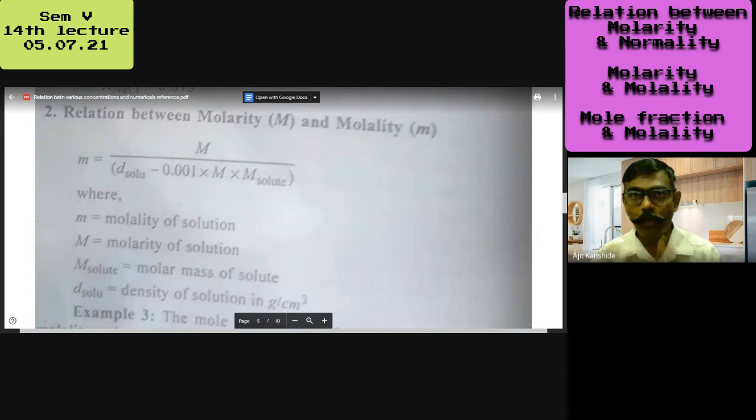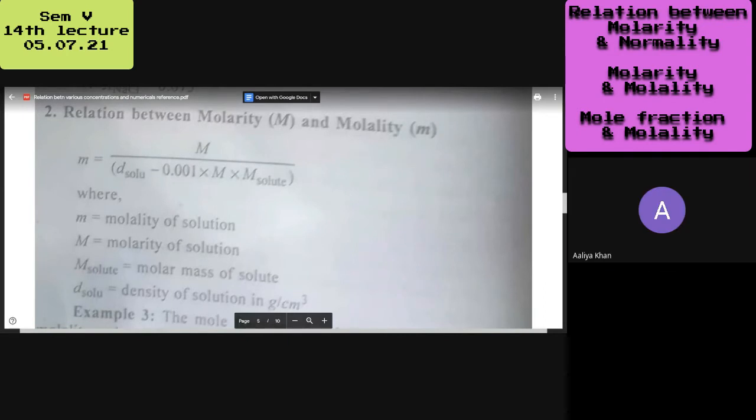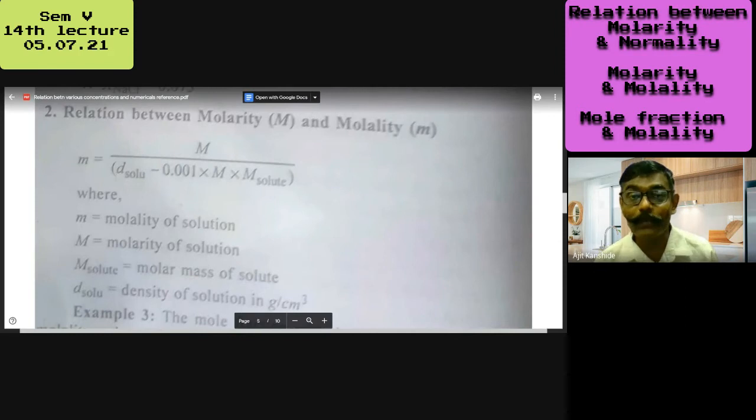To convert that per dm cube to per cm cube, what shall I do? Divide by 1000. Divide by 1000 means multiply by 0.001. Therefore, by that number 0.001, what are we achieving? We are achieving the conversion.